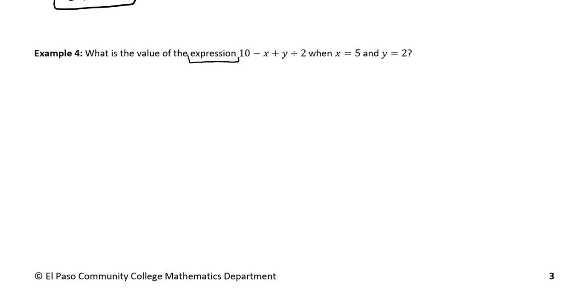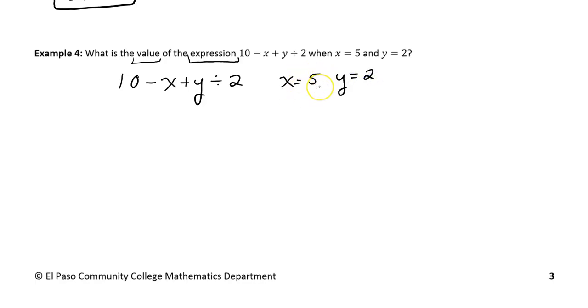So we don't have an equal sign on the other side. We're not solving for anything. We are trying to find the value. So we're evaluating. We're going to simplify what they give us here. So I'm going to have my expression 10 minus x plus y divided by 2. And they're asking us when x is equal to 5 and y is equal to 2.